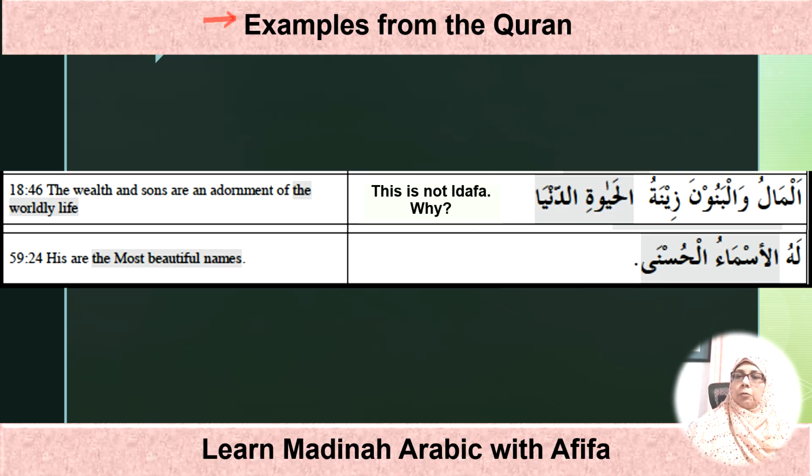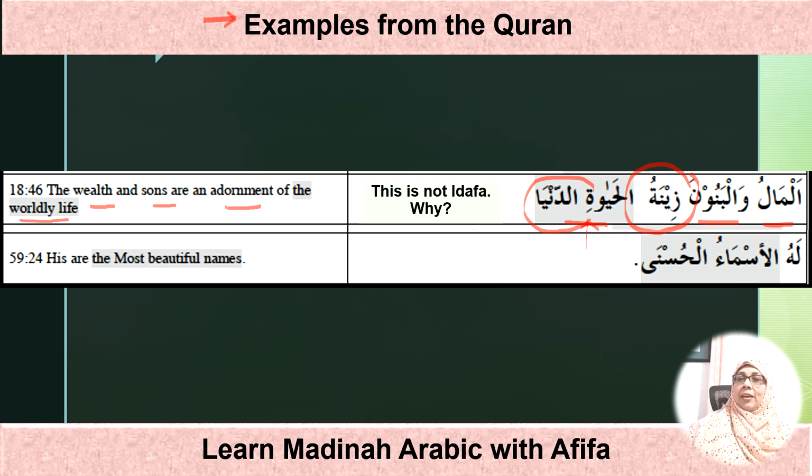We look at this verse here. Al-malu wal-banuna zinatul hayati dunya. It means the wealth and sons are an adornment of the worldly life. Notice here, zinatu is the adornment, is the mudaf, and al-hayati is mudaf ilayhi, which is why it has that kasra.